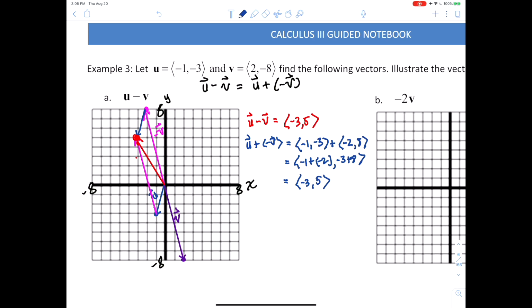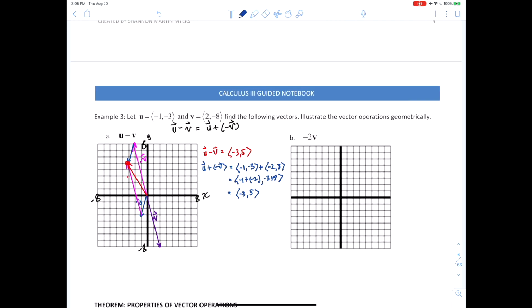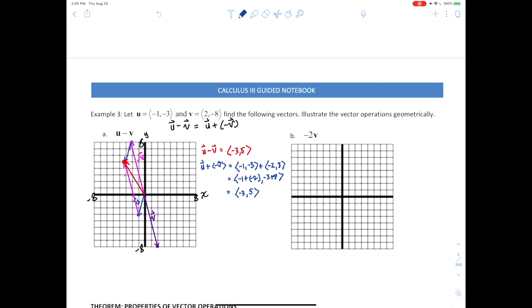Okay, so we've got a picture of this, and we've got how you would do it. Most of the time you're going to do it this algebraic way. Good so far? Awesome. All right, so -2 times V means what? We're going to scale V by -2, all right?